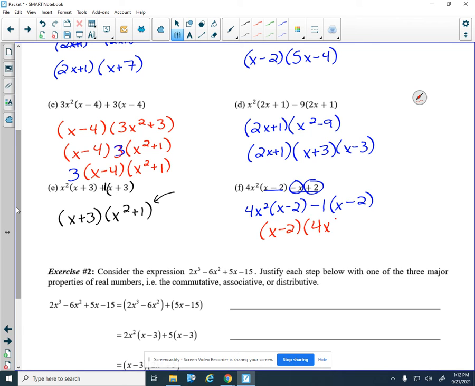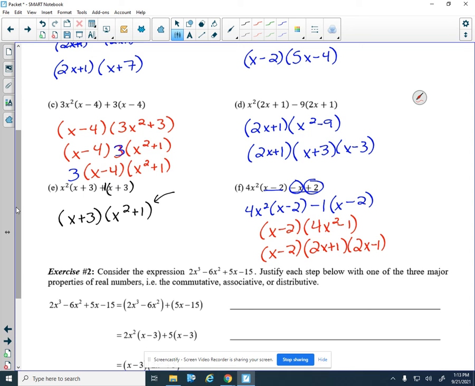And I have 4x squared minus 1 left. So here's difference of perfect squares. Not related to this factoring out the negative 1. It's just that 4x squared minus 1 happens to be difference of perfect squares. So that's what I would do to finish off the factoring.